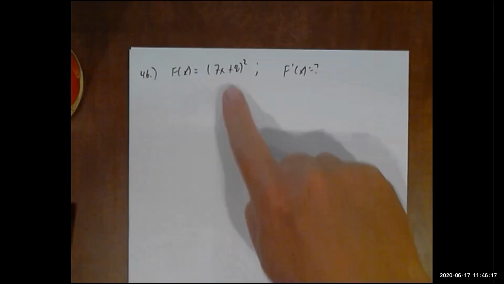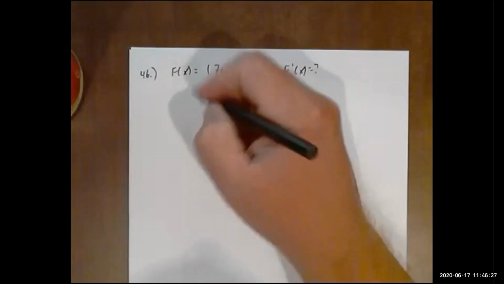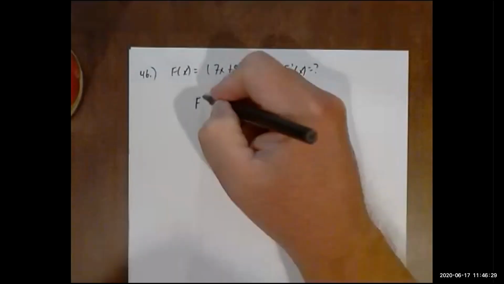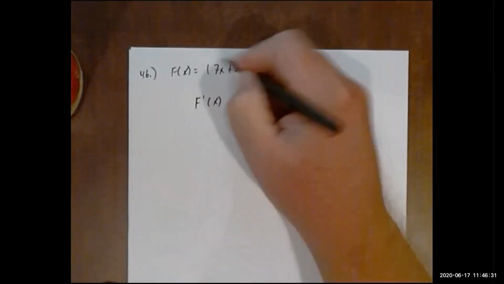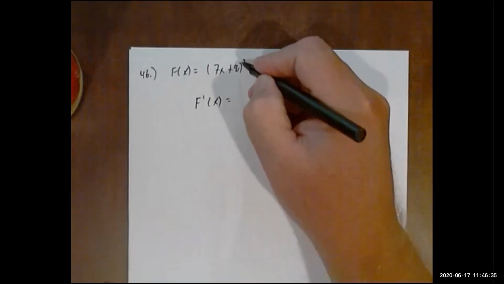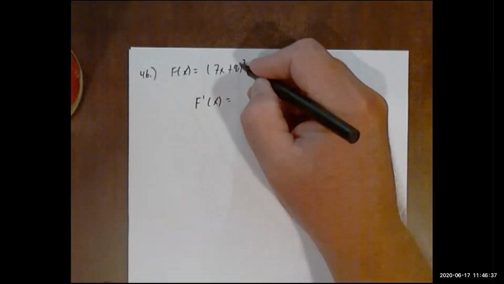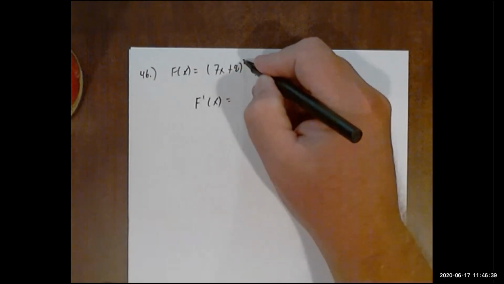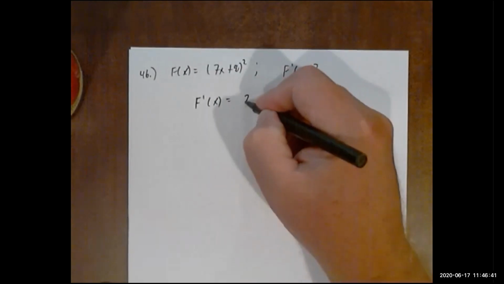You could actually multiply this out and then probably use the power rule. But you know what? We've got this thing called the chain rule, which makes this one pretty easy, right? Because in this case, you've got parentheses raised to an exponent. So what's the chain rule say? You sort of do outside then inside, right? Outside is 2.